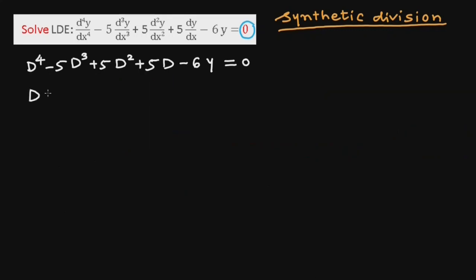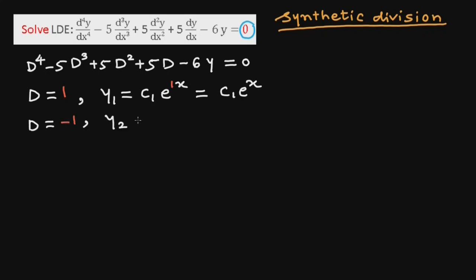For d equals 1, y1 is c1 e raised to 1x, which is c1 e raised to x. For d equals minus 1, y2 is c2 e raised to minus x. For d equals 2, y3 is c3 e raised to 2x.